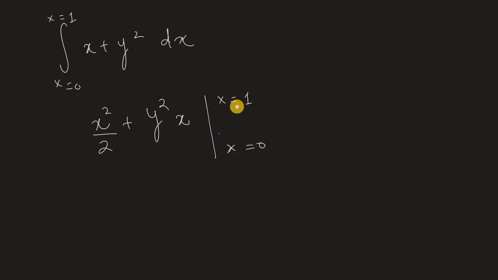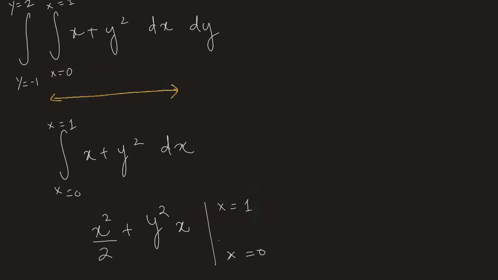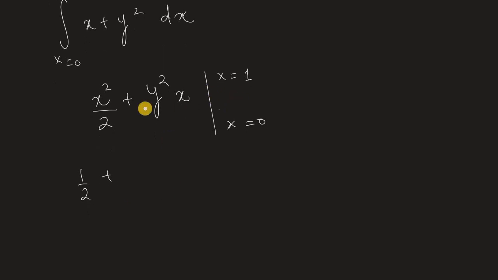Okay, now we are simply gonna plug in the values from 1 to 0. Okay, so this is 1, and that's why I told you guys to write x equals, because it's really important to write x over here as well, so you guys don't mix it up with the y values.